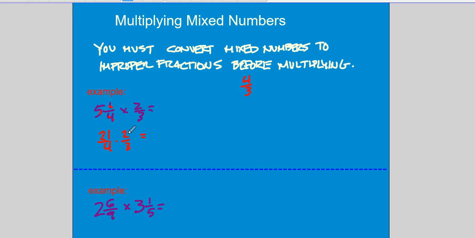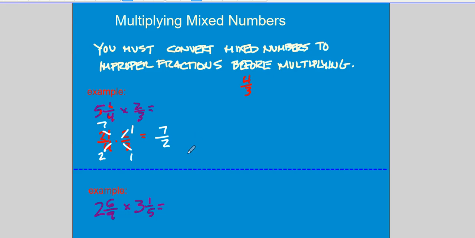Which then I could reduce several ways. I could make this 42/12, but I have to reduce it. So I'm going to divide 3 into 21 and 3, so 3 goes into 3 once, and 3 goes into 21 7 times. Then 2/4, well, 2 goes into both of those, so 2 divided by 2 is 1, 4 divided by 2 is 2, so I end up with 7/2.